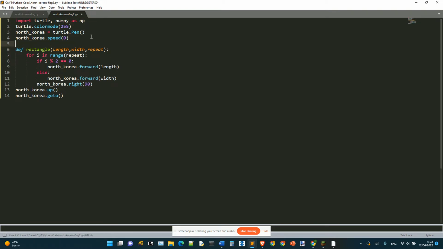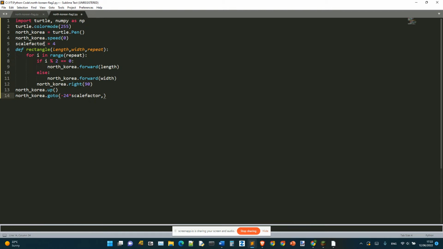So we are going to create a variable here, scale factor. Scale factor equals 4, because we want to make it 4 times bigger than the original proportions. North Korea dot up, North Korea dot goto negative 24 times the scale factor.